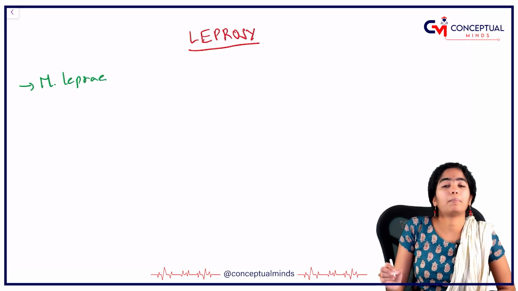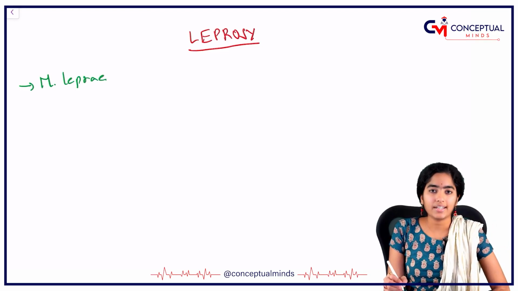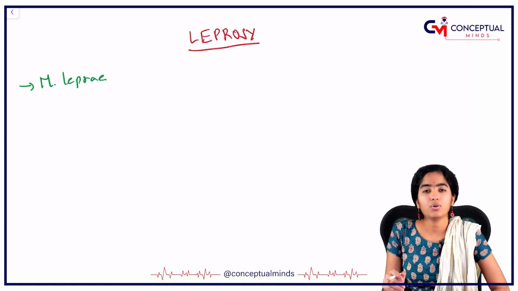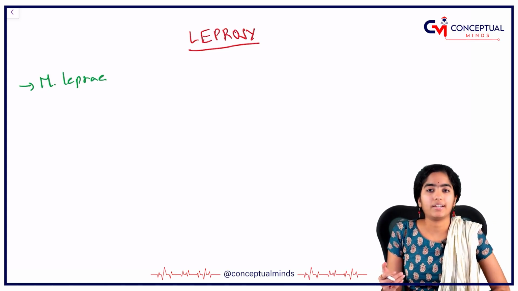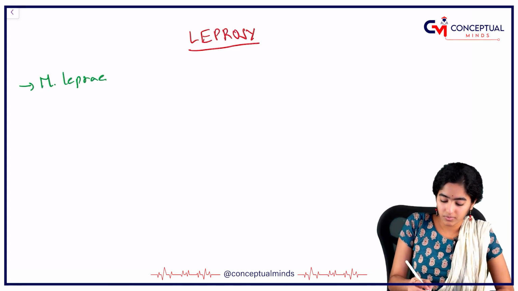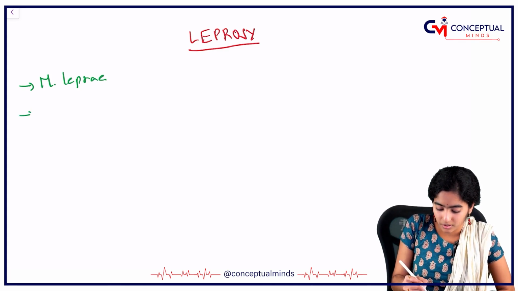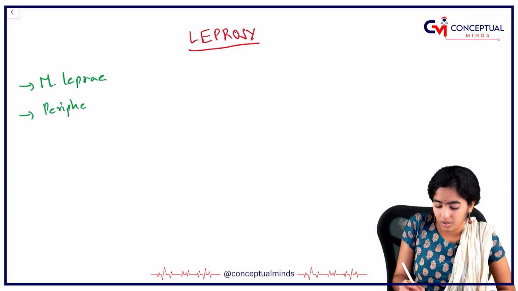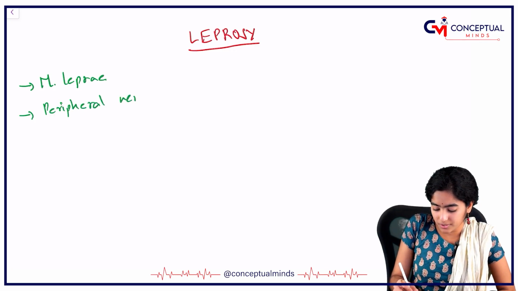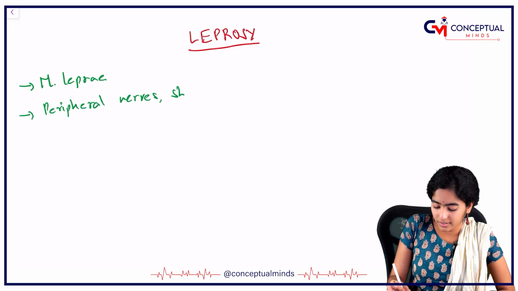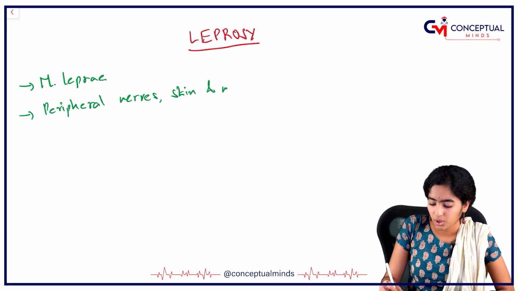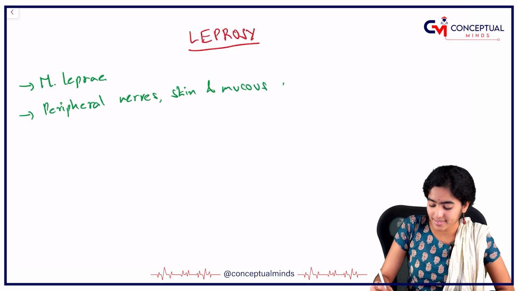It affects the peripheral nerves, skin and mucous membranes of the respiratory tract.